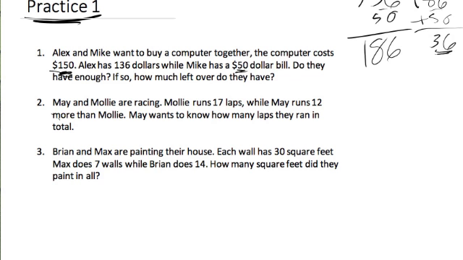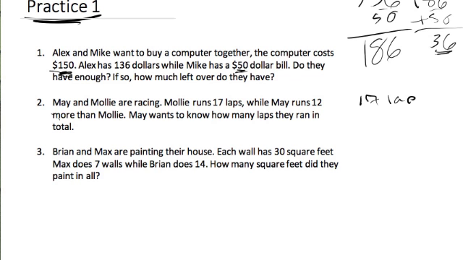36 is our answer. For the second question, it's May and Molly are racing. Molly runs 17 laps, while May runs 12 more than Molly. May wants to know how many laps they ran in total. So if Molly runs 17 laps, May runs 12 more.